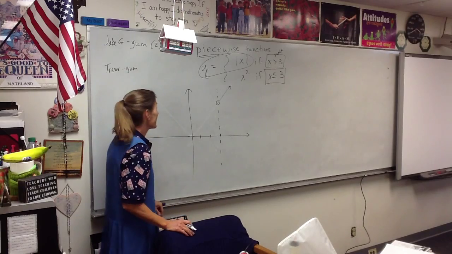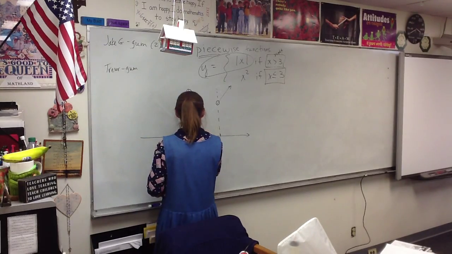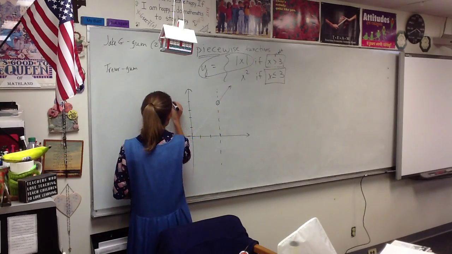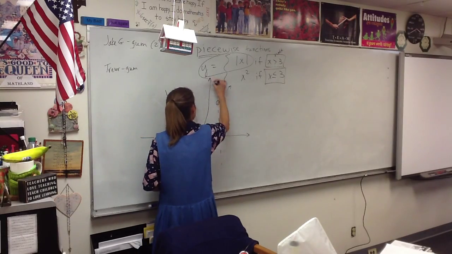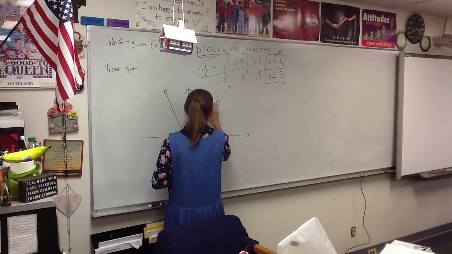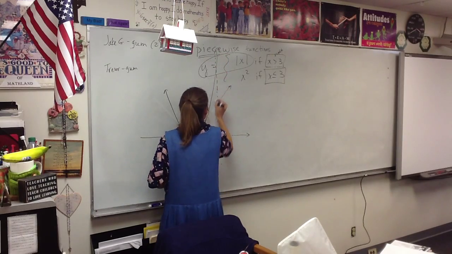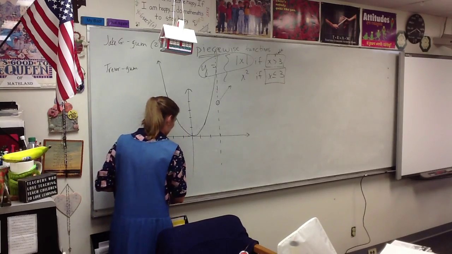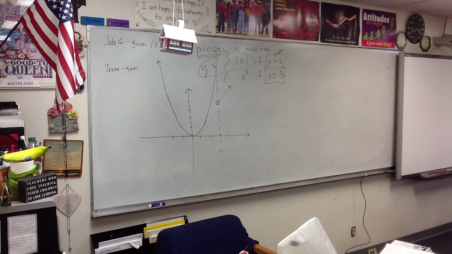Now, what does x squared look like? A parabola. So I'm going to go ahead and graph my parabola. I'm just plotting a couple of points so I get a nice shape. There's my parabola. Keep it going here. So there's my big parabola. I'm going to get rid of some of that writing up there too so you can see a little better.